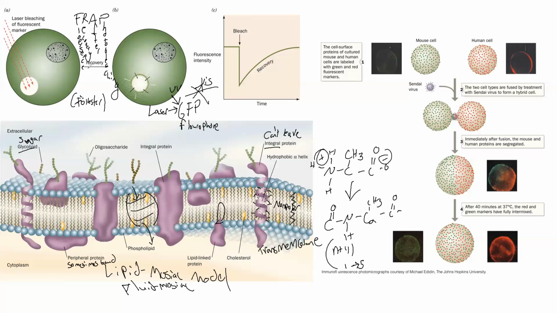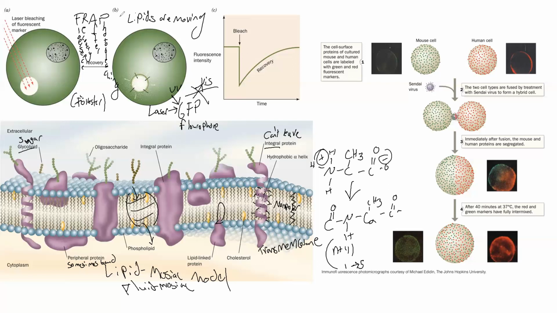And then we wait some time, which is called recovery. What we'll see is that this white stuff, which are the lipids with dead fluorophores, will move out of the circle just due to random diffusion. And the lipids with fluorophores will move into this dead spot, which means lipids are moving. Which means that a lipid in the membrane isn't just stuck in one place.